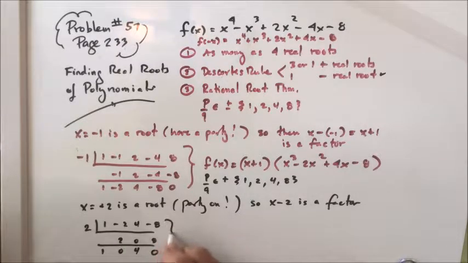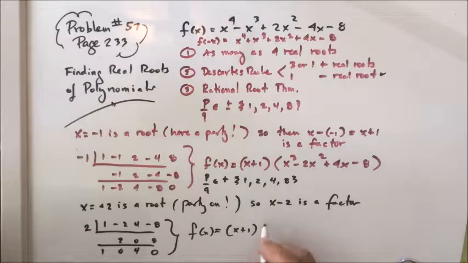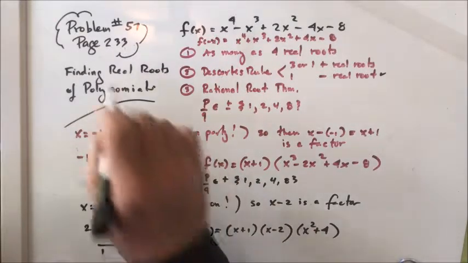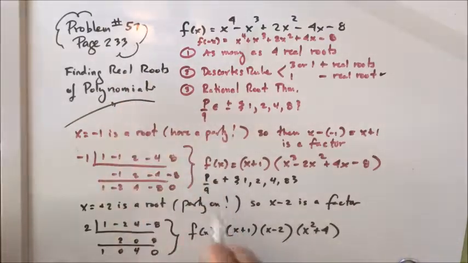And sure enough, that says that we can write f of x as x plus 1, associated with the root x equals minus 1, x minus 2, associated with the root x equals 2, and then x squared plus 4. So we can find the roots there, but they're not real, and we're looking for just the real roots of the polynomial.